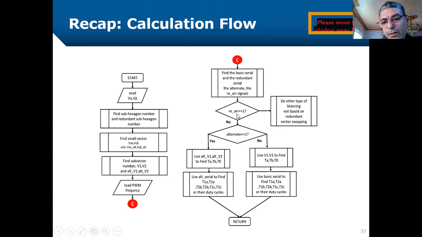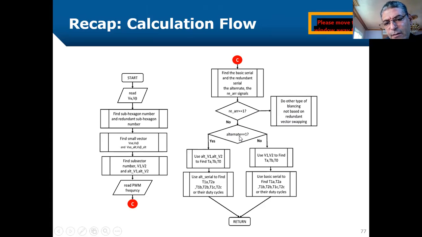We arrange equal 1. Does other type of balancing not based on redundant vector swapping do this one? I mean, we say that we have 2 methods. The first one of them is using redundant vector swapping. If this signal is equal 1, we go to the other method. If it is equal 0, then we check the alternate signal.